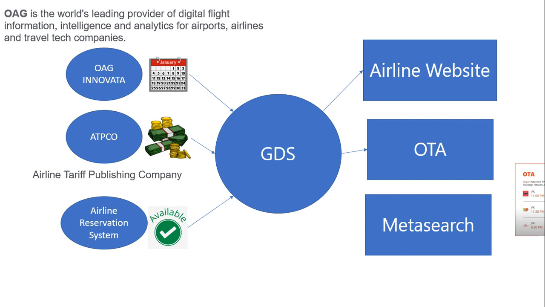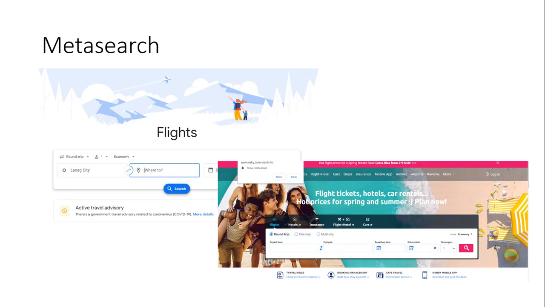So another option for us is the meta search engine or the Google Flights or Skyscanner, for example. So meta search, Google Flights. So if you wanna try Google Flights, just type in your Google or on your Chrome Google Flights, then it will redirect you to this kind of interface or in this kind of display.